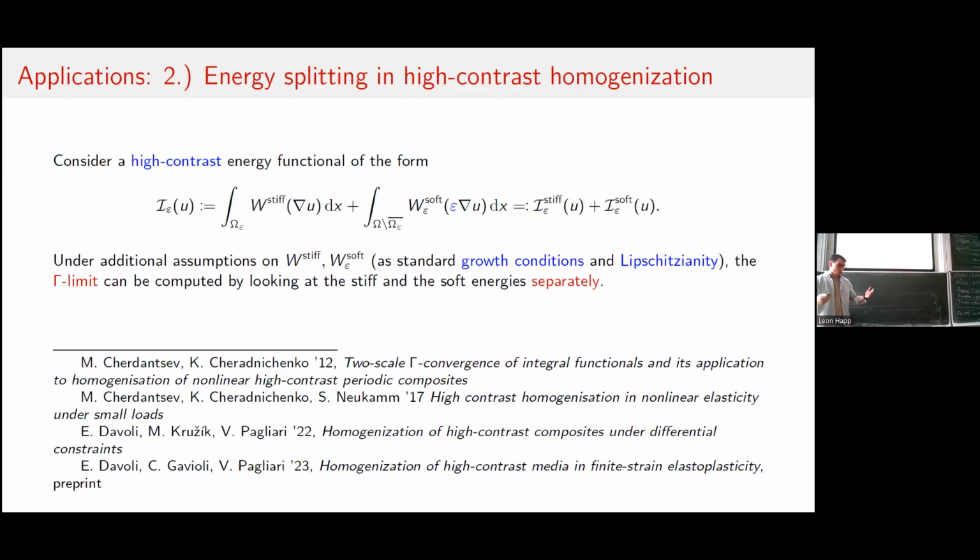And this will not be really a sum of two Gamma limits in the end, but you can basically look at limits of soft and stiff parts separately. And interestingly, the contribution from the stiff part in this case reduces to a usual, I say usual because it's not high contrast, homogenization problem, where you have just oscillating coefficients.